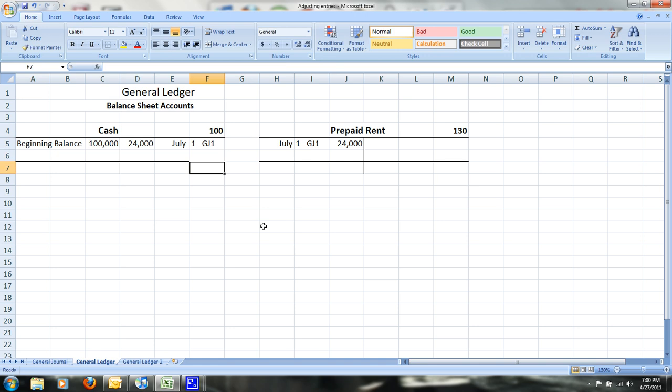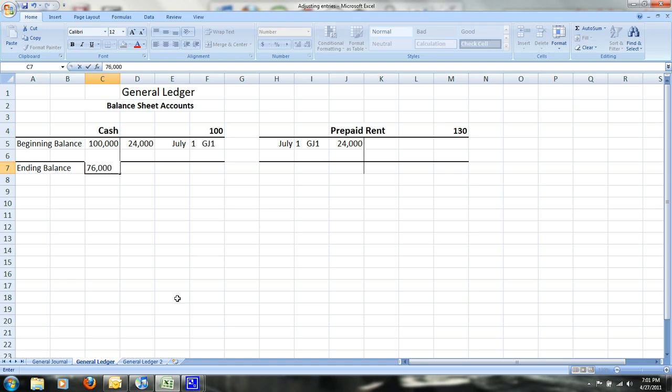Okay, and that was the only cash transaction that we had for the month of July, we're pretending. And so we can go ahead and do our ending balance, which leaves us with $76,000 at the end of July.